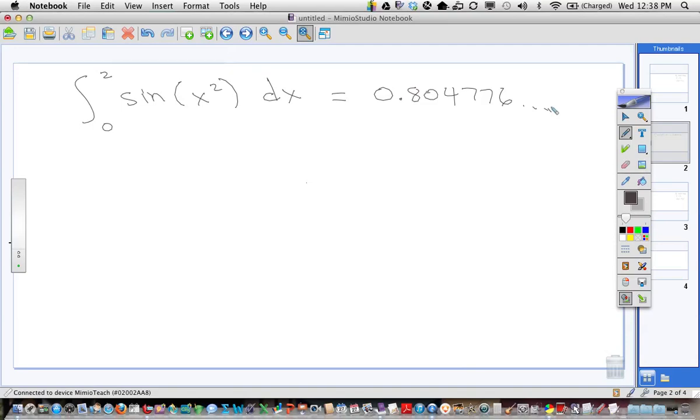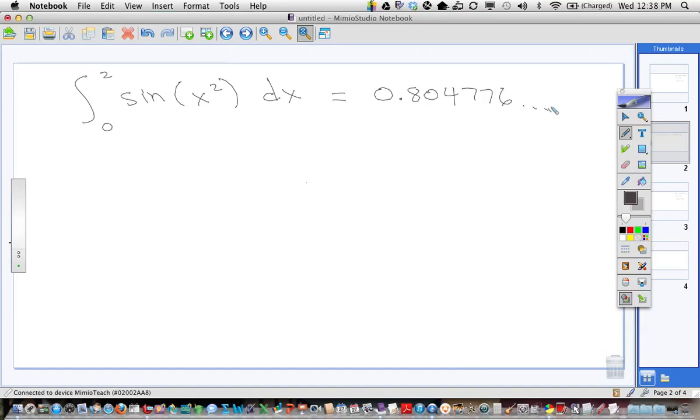Sure, the calculator could say, well, let's just do 1,000 rectangles, or let's do 100 Simpsons, or whatever, and then just throw that answer out there. But how accurate is that? Are the first 2 decimal places right? The first 3? The first 10? How many is it? Well, I believe the calculator is set so that all of the digits it shows you are correct. So let's say it shows you 13.